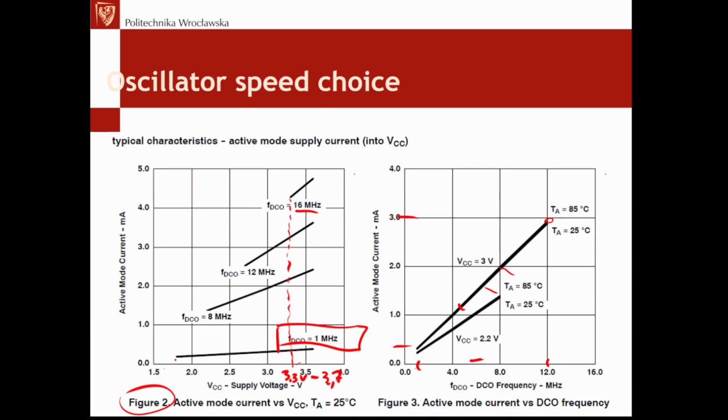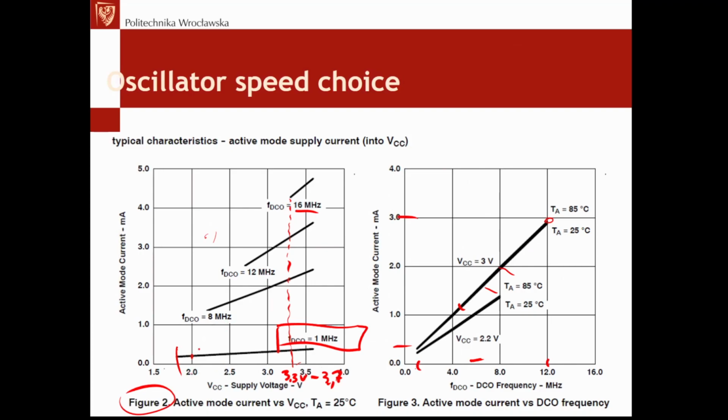If you have a lower voltage, if you designed a lower power supply available at your board, like 2 volts, then take a look. In this microcontroller at 2 volts, you are allowed to clock it at 1 megahertz, but definitely you are not allowed to clock it at 16, 12, or 8 megahertz.